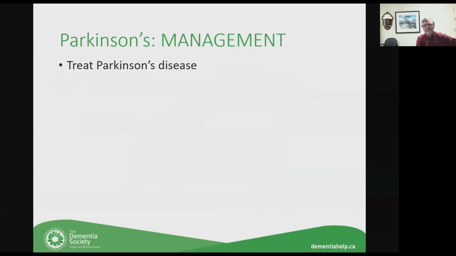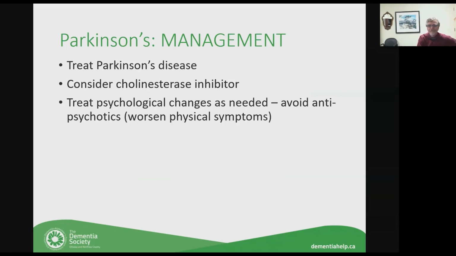In Parkinson's disease, obviously, we treat Parkinson's disease first. Sometimes we'll consider a cholinesterase inhibitor. I have rarely used cholinesterase inhibitors in patients with Parkinson's disease. And of course, if they have other psychological symptoms, we can treat that.